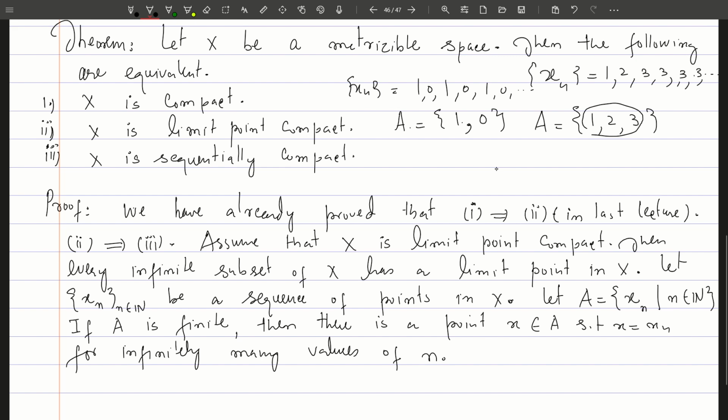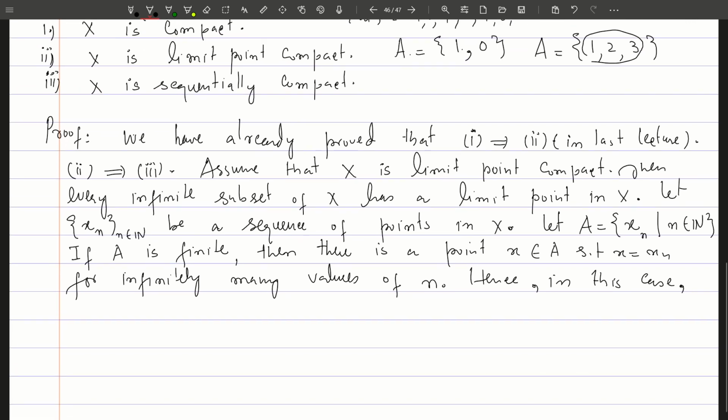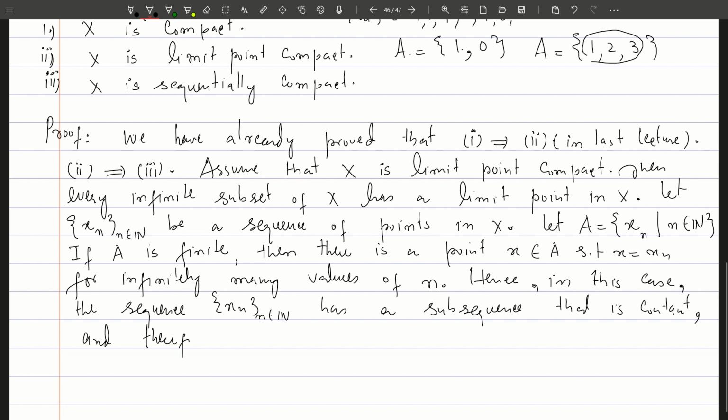So hence in this case the sequence xn has a subsequence that is constant, and we know the constant sequence converges trivially.